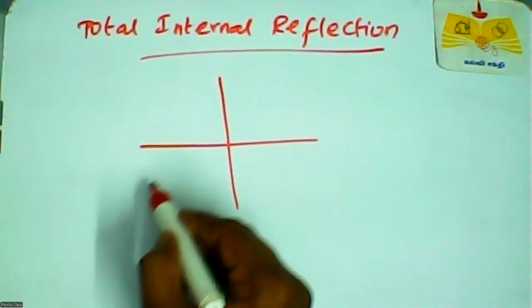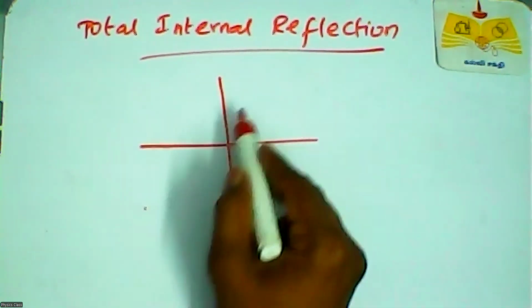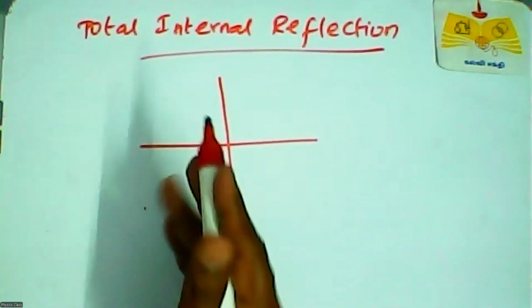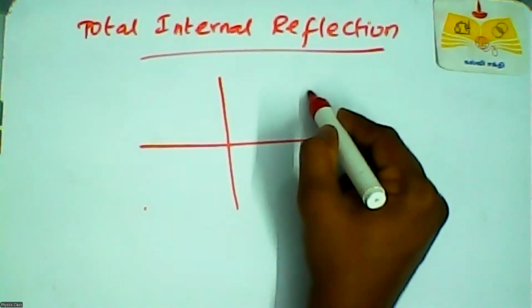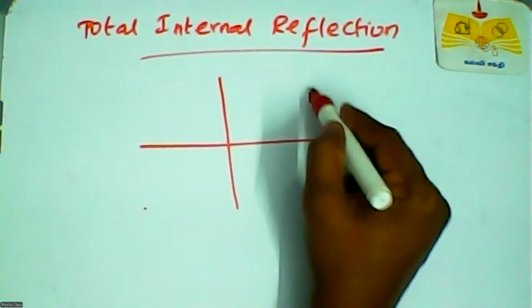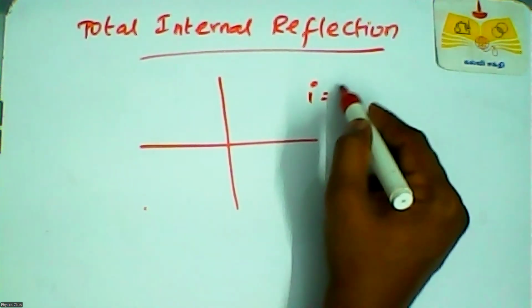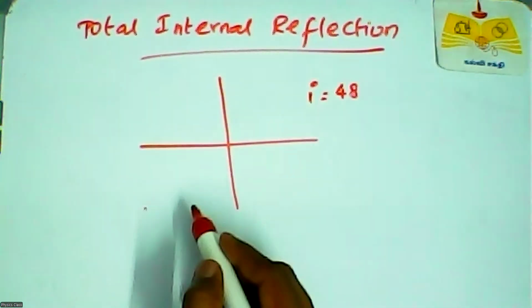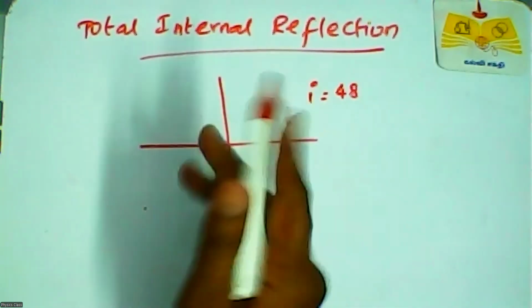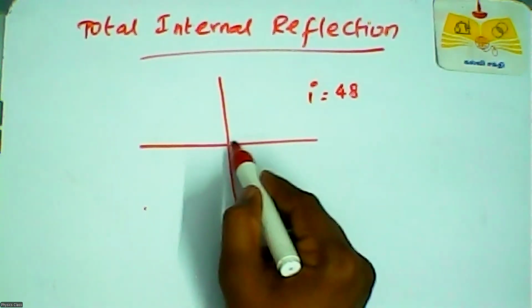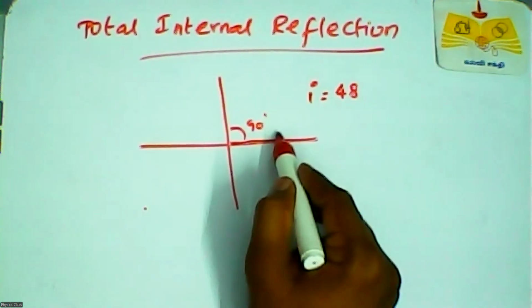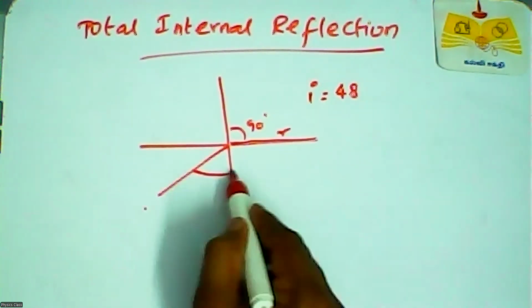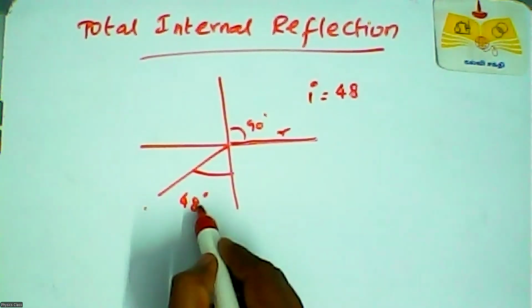When a light ray passes from the denser to the rarer medium, if the angle of incidence is greater than its critical angle, already I'm showing one simulation, in that case i is something like 48 point something. In that case we get the critical angle, that means the refracted ray grazes the boundary, that is 90 degrees from the normal. This is r. So this is, for example, 48.3 degrees.